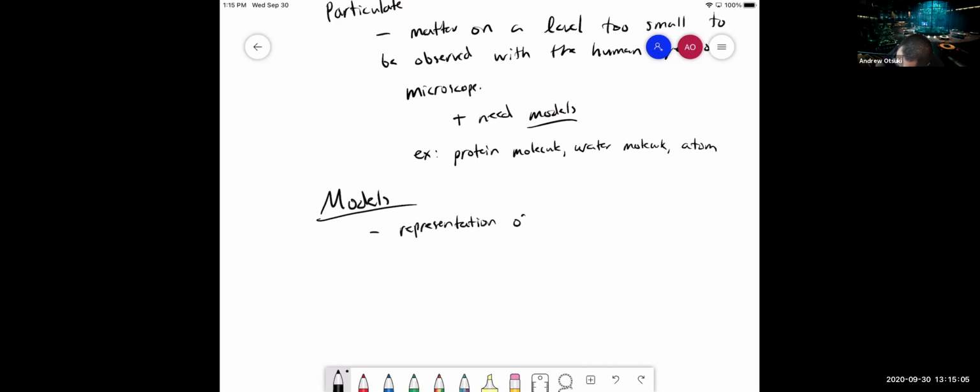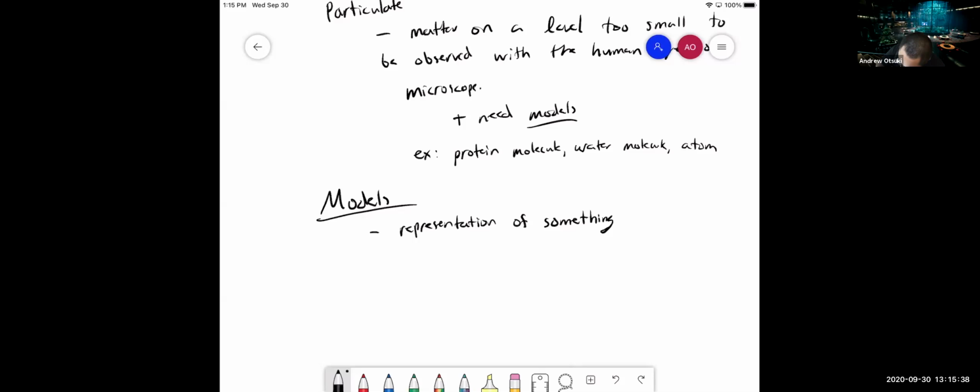We use models of atoms and molecules to help us communicate what these things look like. The most common ones are models based on experimental data. So we don't just come up with this on the fly. We extrapolate what the data tells us and put that into meaningful depictions for atoms and molecules.